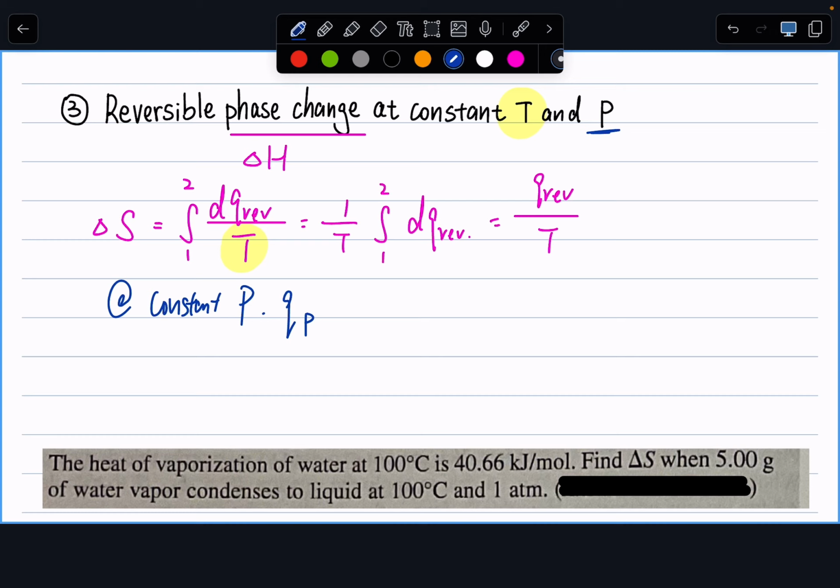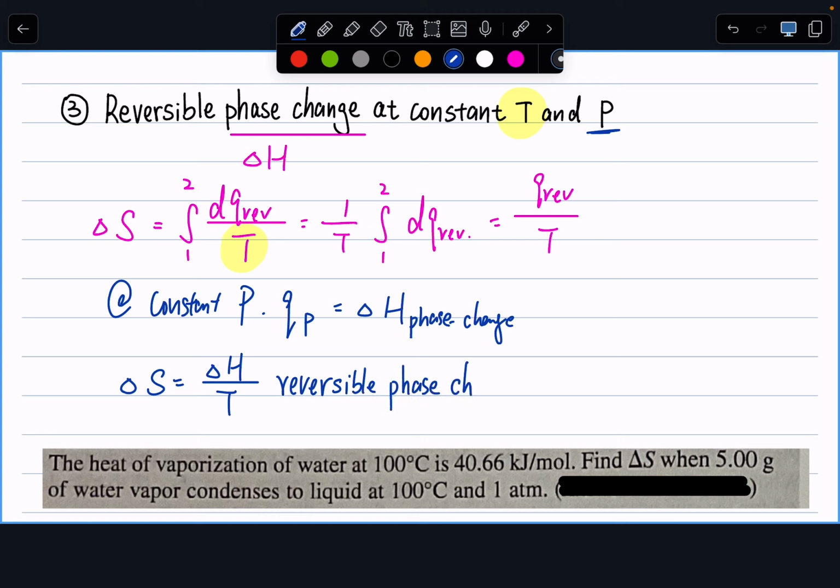So at constant pressure, my QP effectively equals delta H for this phase change. Or taking them together, we can write delta S equals delta H over T for reversible phase change at constant T and P.